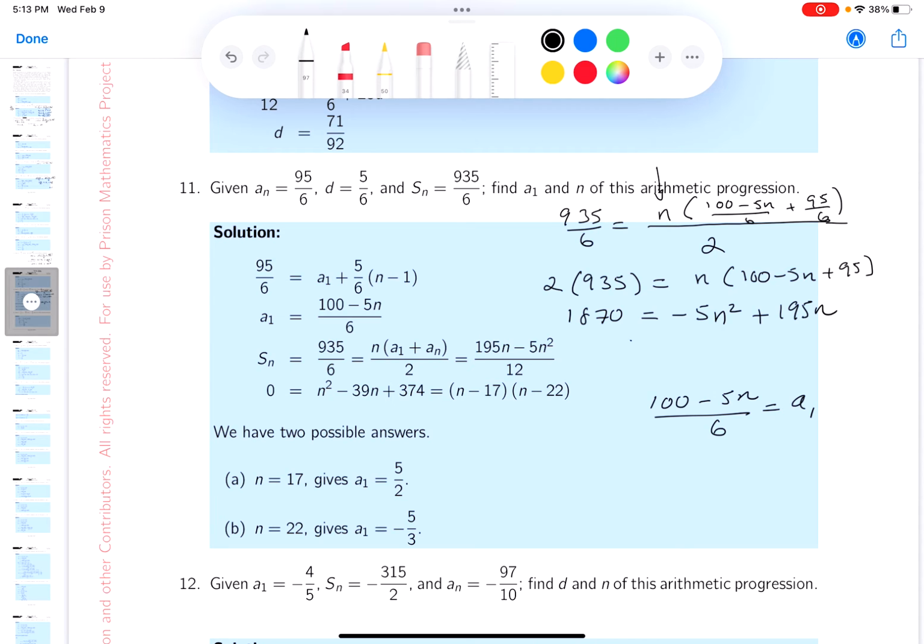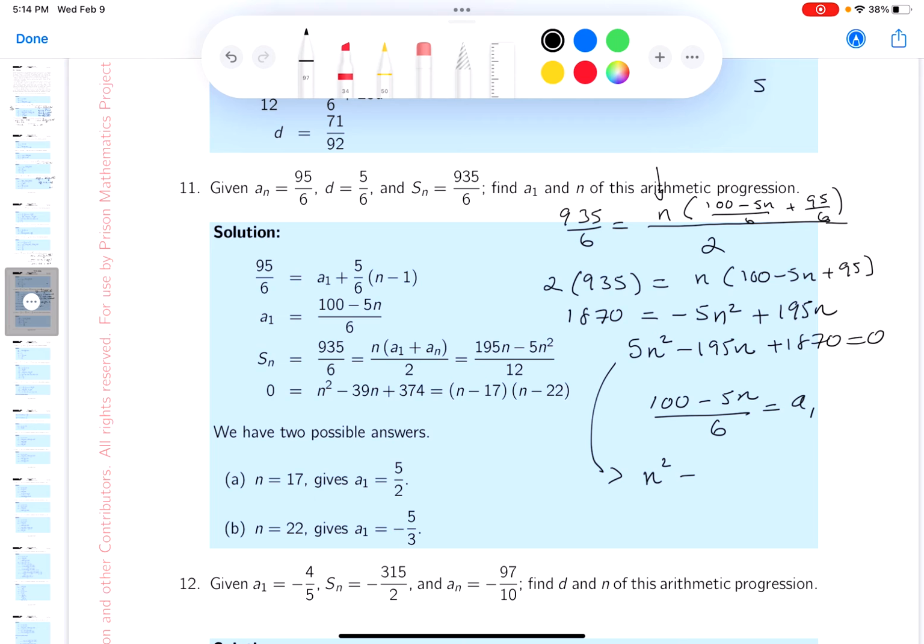And let me write this down for you. So 5n squared minus 195n plus 1870 equals 0. Well, you know what I got to do with this? I got to divide by 5 to make it more manageable for me. So it's n squared minus, well, I think I could do 5 into 195.